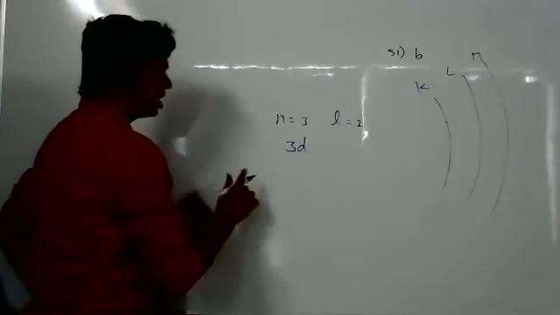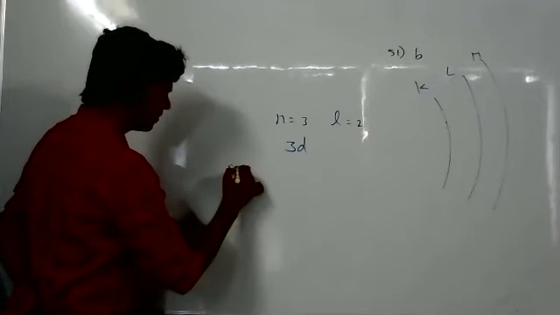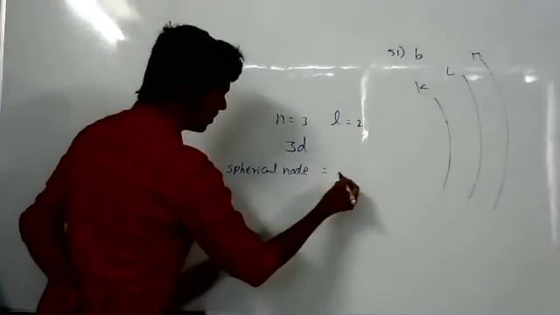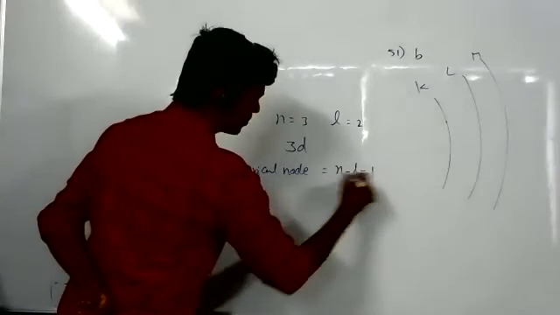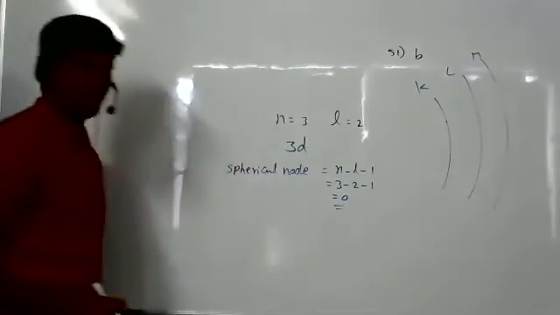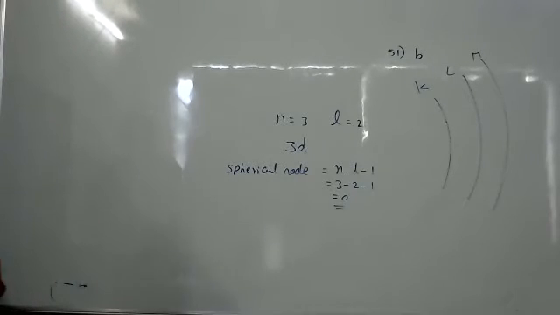Okay, for this one, how many radial nodes or spherical nodes are present? Zero. Spherical node, n minus l minus 1. It is 3 minus 2 minus 1. So 0 spherical nodes. Carefully observe those graphs. Option C. Option C, very good, option C.